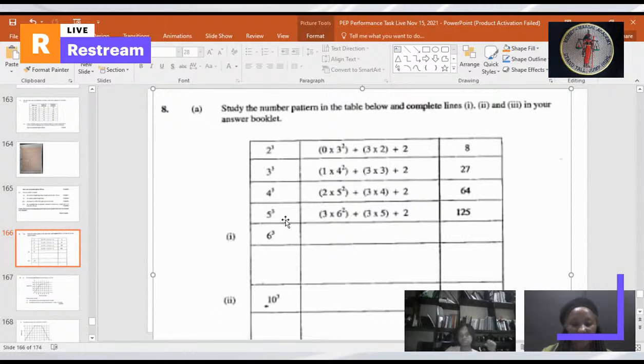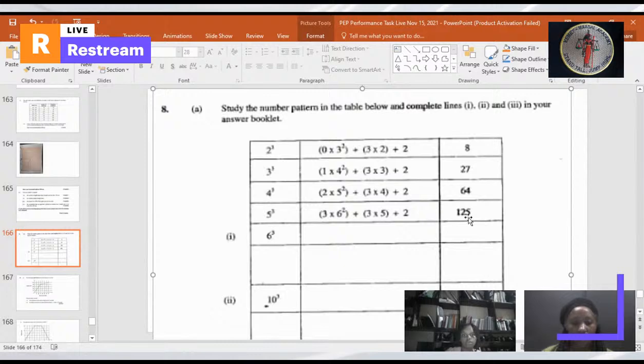And for 5 cubed, 3 times 6 squared plus 3 times 5 plus 2, and that gives 125. Can you identify a pattern?